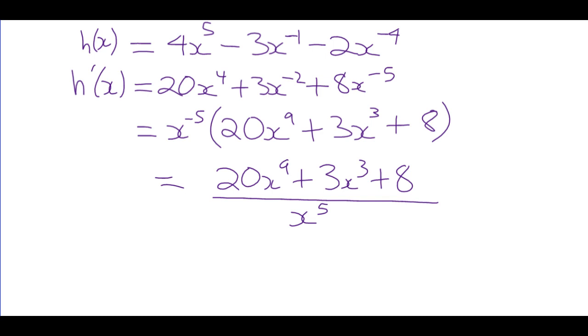Took each derivative, and it's just the sum, right? Dropping the pretense of saying it's 4 times 5x to the 4th, and just going with 20x to the 4th, plus, watch the signs, plus 3x to the negative 2, plus 8x to the negative 5. Then we factor out the lowest power of x, the one that's common, giving us this, and then moving it down here, and you're done.